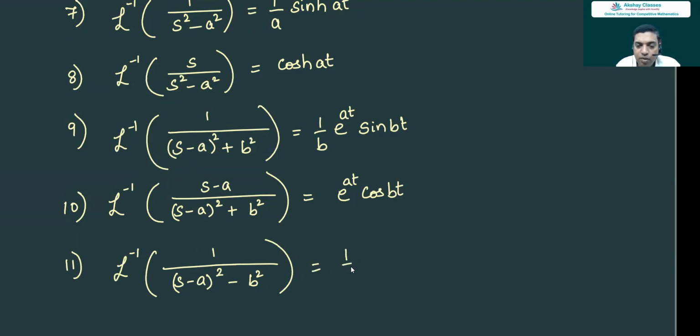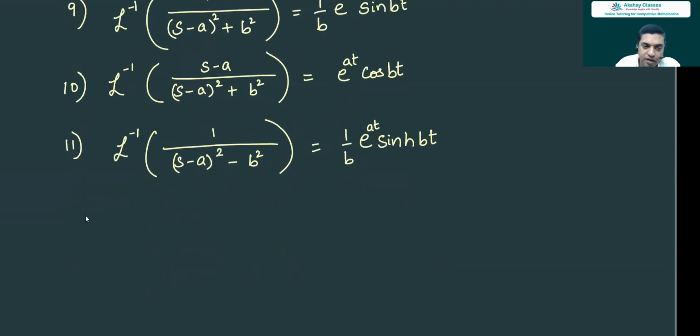So we get 1 by b sine hyperbolic bt, but s is replaced by s minus a. So there has to be a factor of e raised to at.